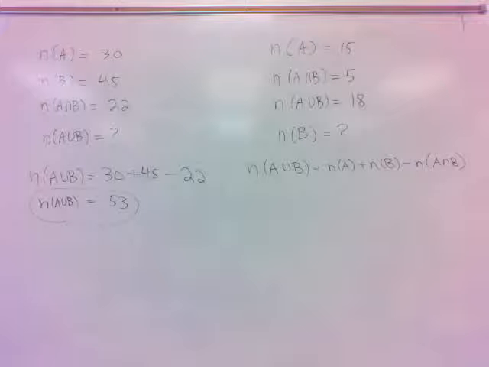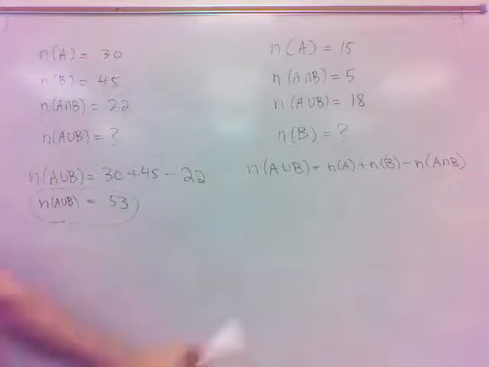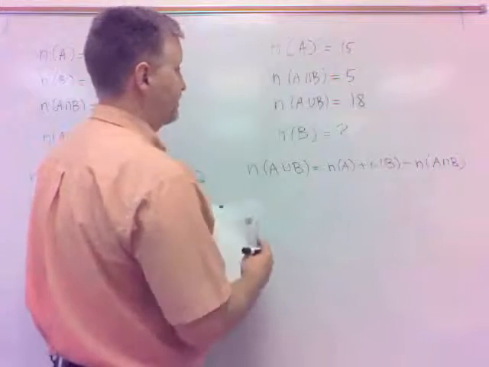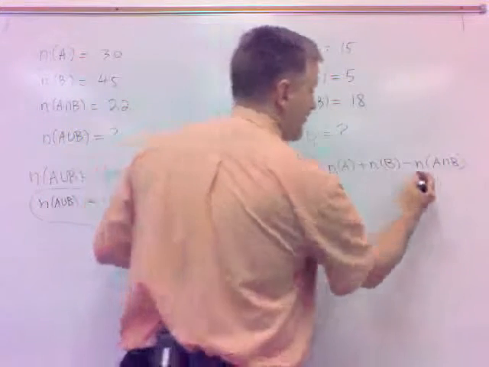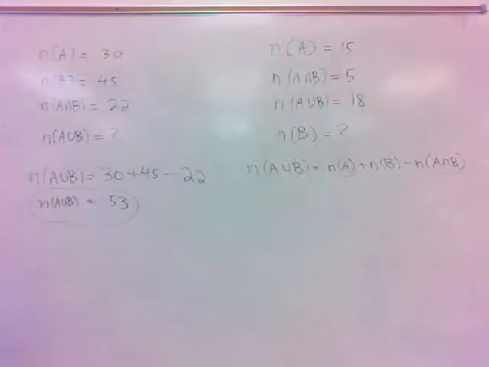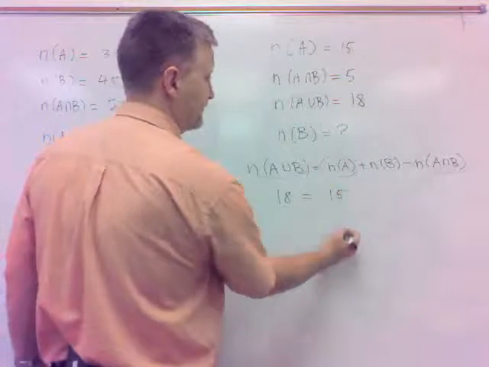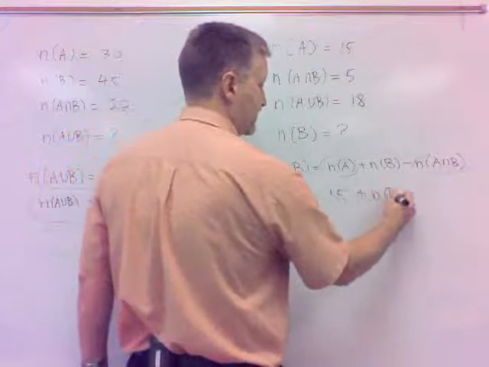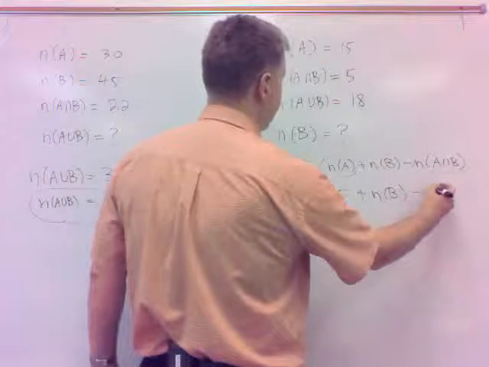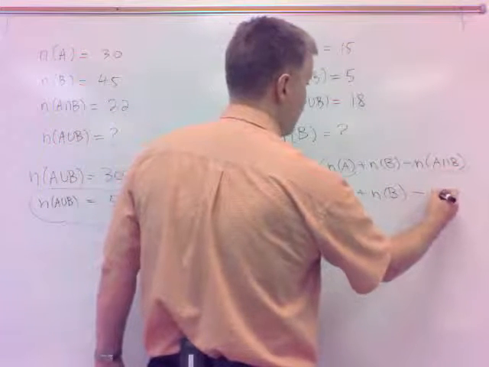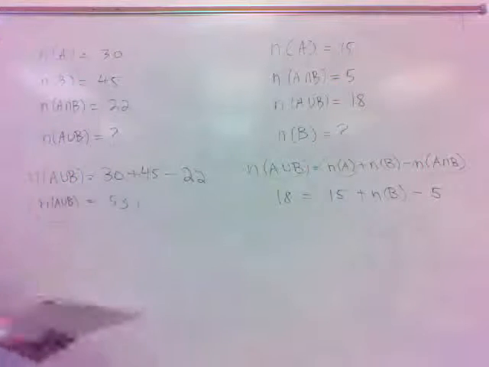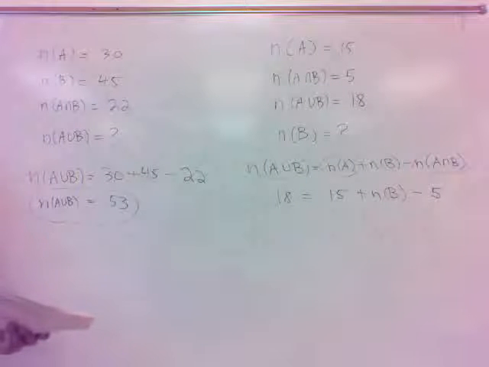I just have different parts here given to me, or I've two parts switched out here. What I don't know is the number in B, so I can't fill that in, but I can fill in the others, can't I? I can fill in these other three. I know how many's in the union, so I know that's 18, so 18 here. A is 15, so 15 here. I don't know the number in B, so it's got to stay unknown there. And the number in A intersection B is 5.